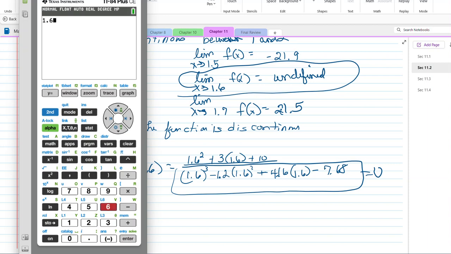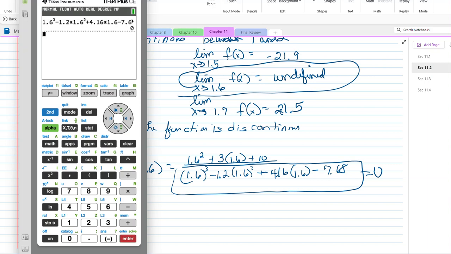On the home screen: 1.6 up caret cubed, sideways, minus 1.2 times 1.6 squared plus 4.16 times 1.6 minus 7.68. I'm going to hit enter.